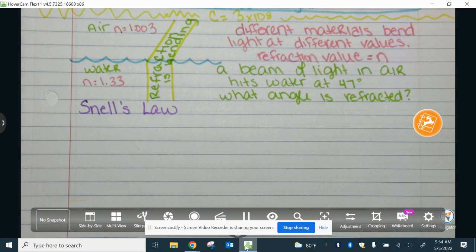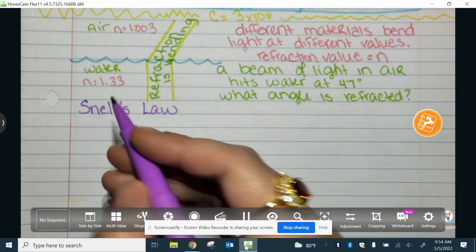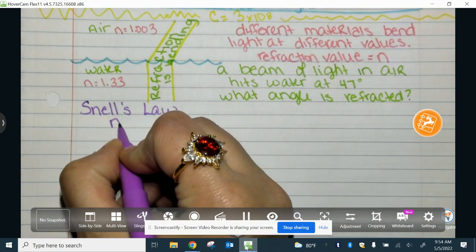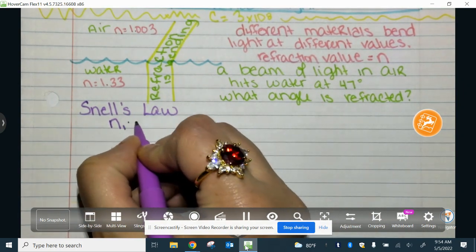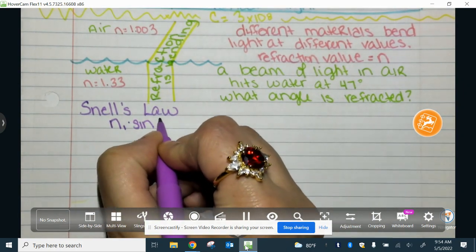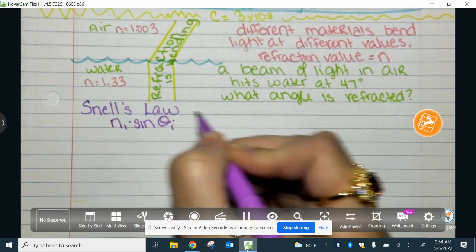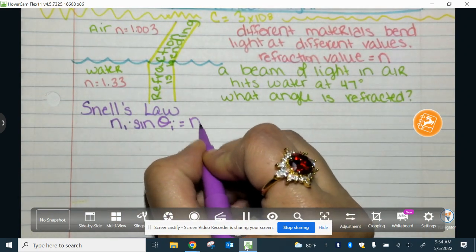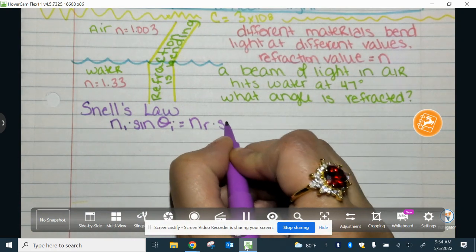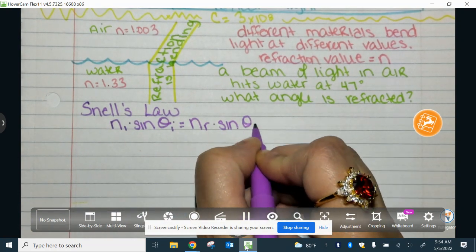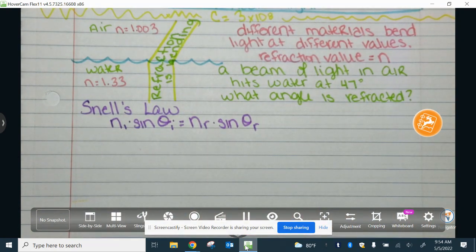Is that 1.003? Mm-hmm. So this law looks like that, and it looks a lot more complicated than it is. So just write it down, then we're going to talk about what all that means.